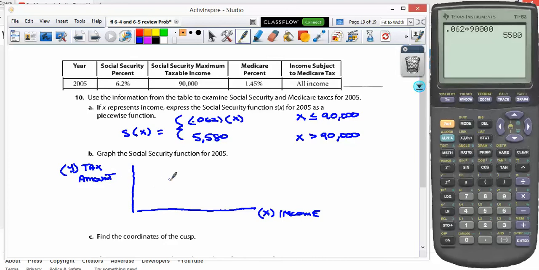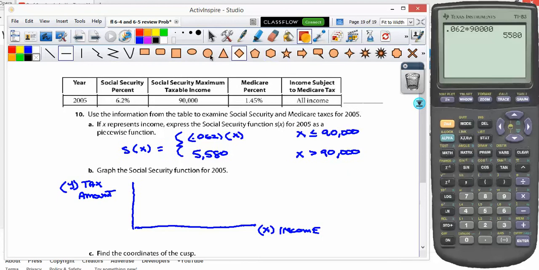As income increases, so does the tax amount at a rate of 6.2%. So think of this, we're going to have a line that basically is going to go up.